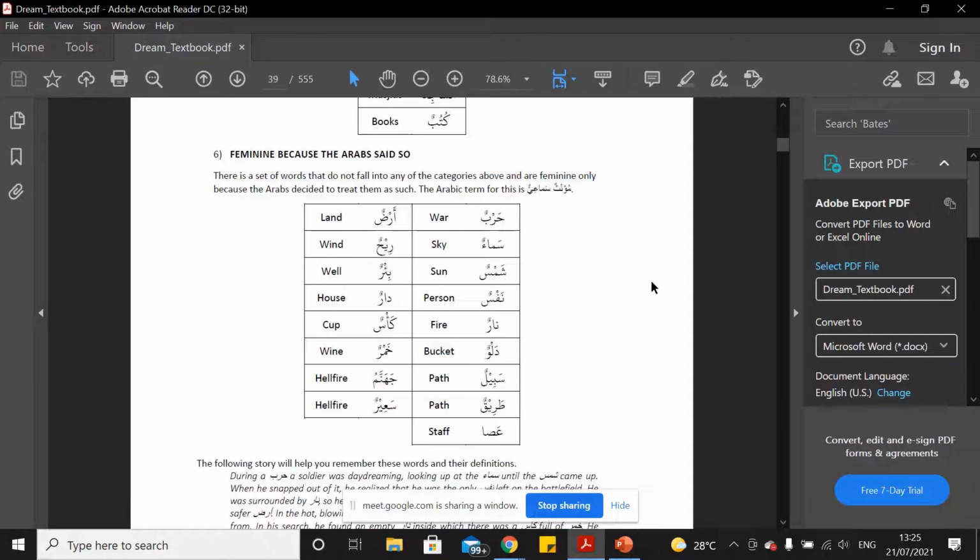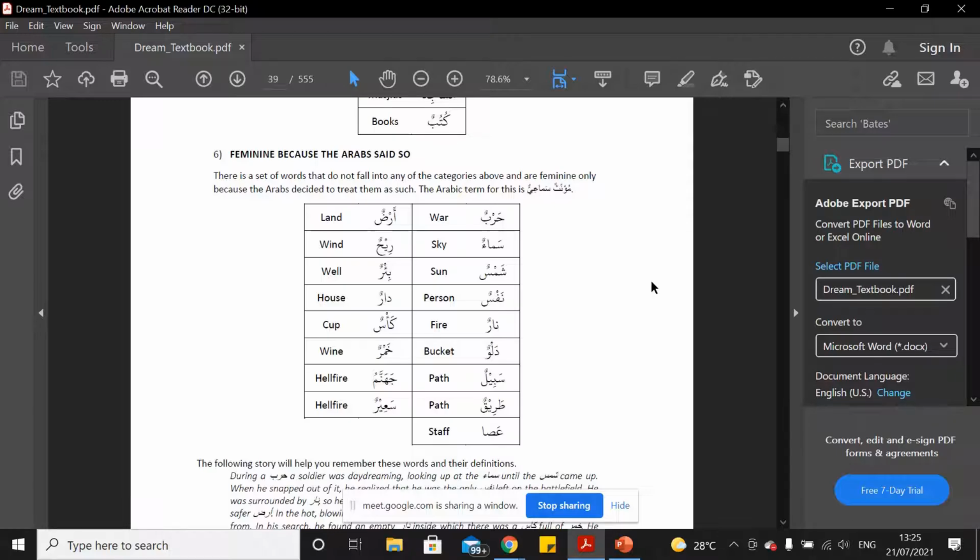These words are harbun for war, sama'un for sky, shamsun for sun, nafsun for person, narun for fire, dalwun for bucket, sabilun for path, tariqun again for path. There are a few words similar in meaning, but when you use them, you will understand the difference, in sha Allah ta'ala.